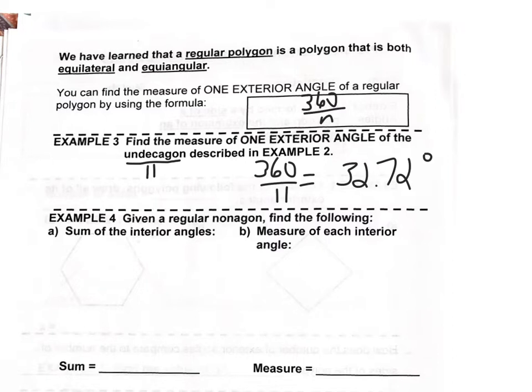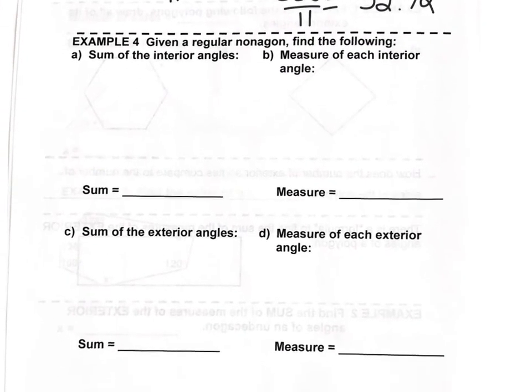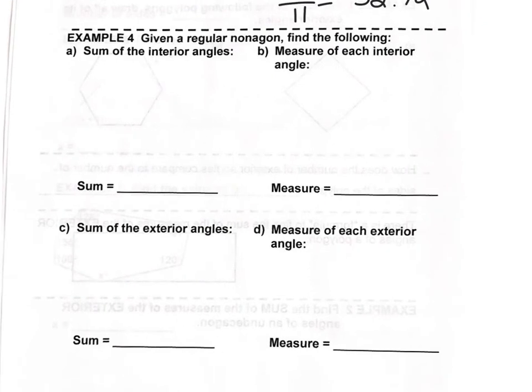So let's take what we've done the last 2 days and let's see if we can make this work. And hopefully this will make a little more sense if I go over this with you from yesterday and today, okay? So the sum of the interior angles, remember your formula is 180 times n minus 2.